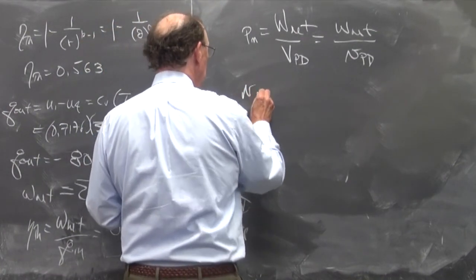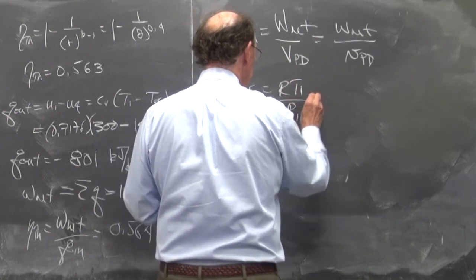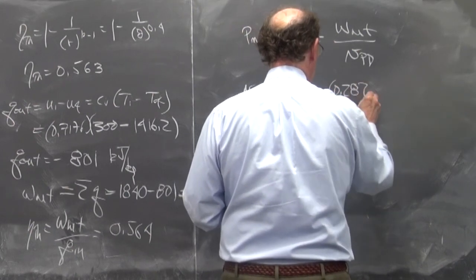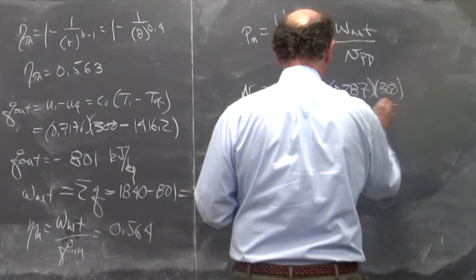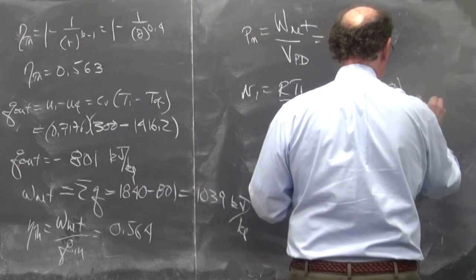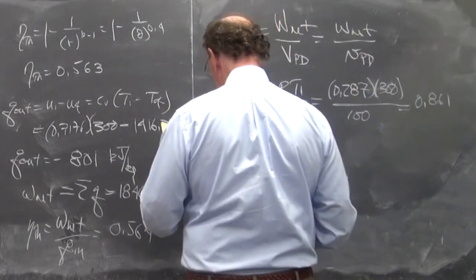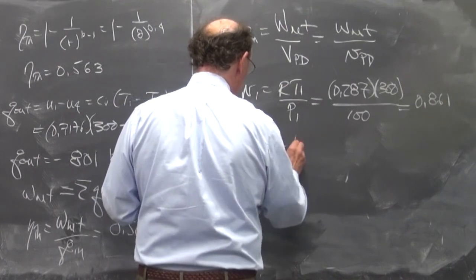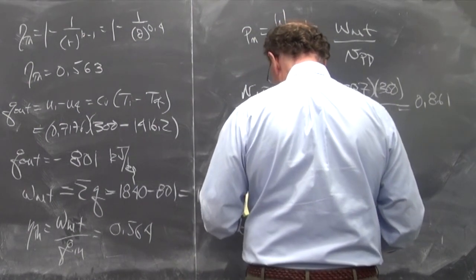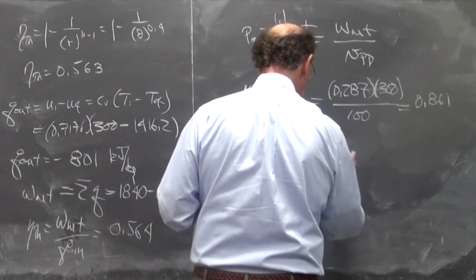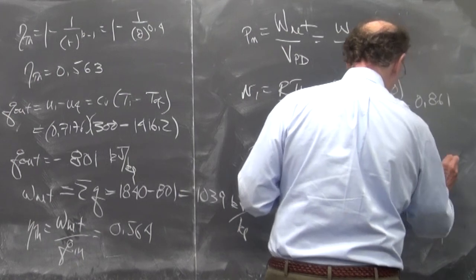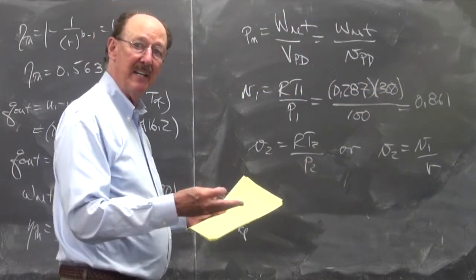So V1 is RT1 over P1, is 0.287 times 300 over 100, is equal to 0.861, and V2 is RT2 over P2, or V2 is equal to V1 divided by R. So I have two ways that I could go about finding V2.